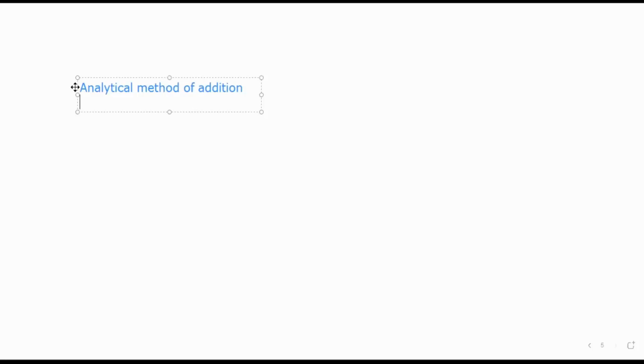We discussed the graphical method because I wanted to give you an idea of what actually happens on a 2D plane when we add and subtract vectors. However, in calculation, most of the time we are going to use only the analytical method. So let's start with the analytical method of vector addition.